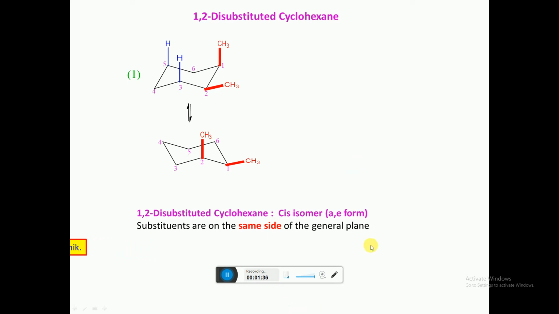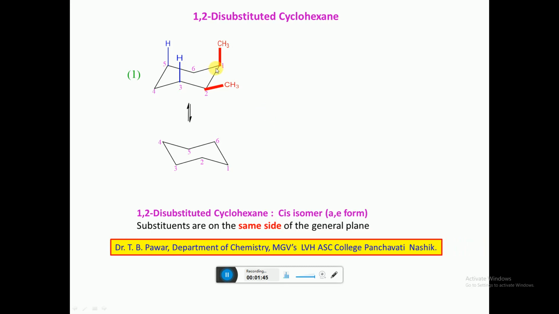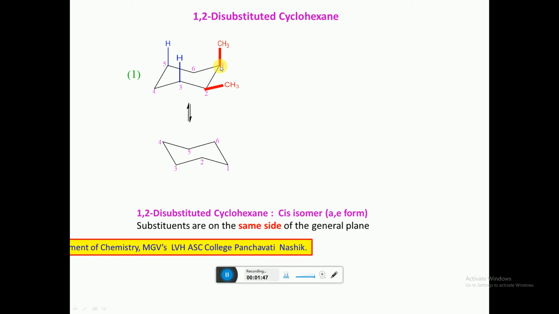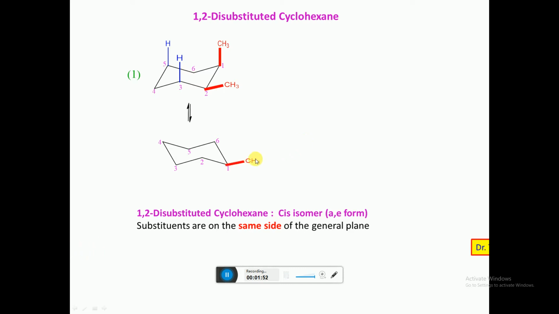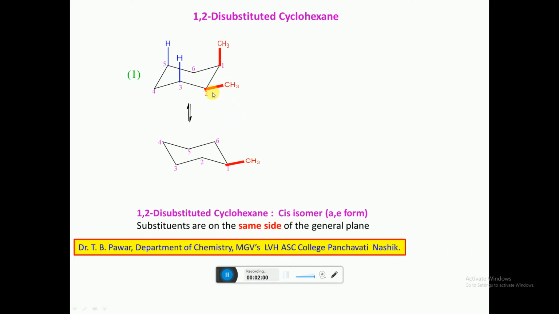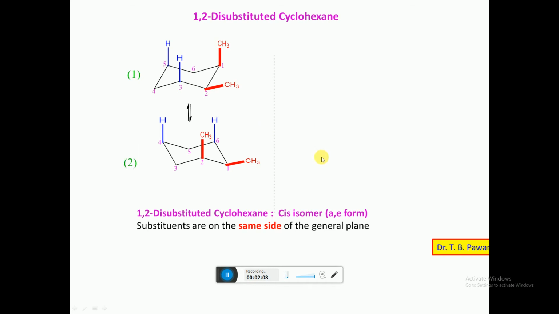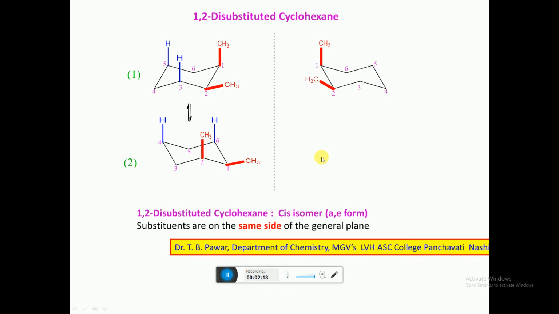Here in structure 2, when it flips, carbon number 1 of the cyclohexane, which is above the plane, goes below the plane, and the axial hydrogen becomes equatorial, and the axial methyl group becomes equatorial, and the methyl at C2 becomes axial. So this becomes structure 2, and if we place a mirror in between them, then there is formation of a mirror image.